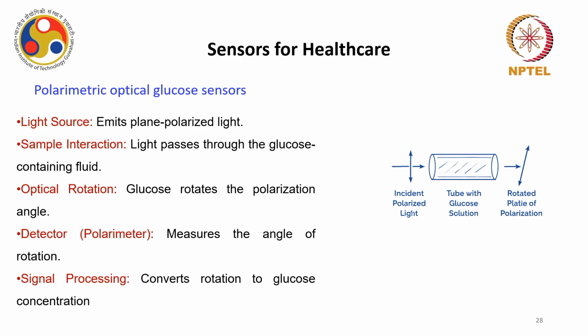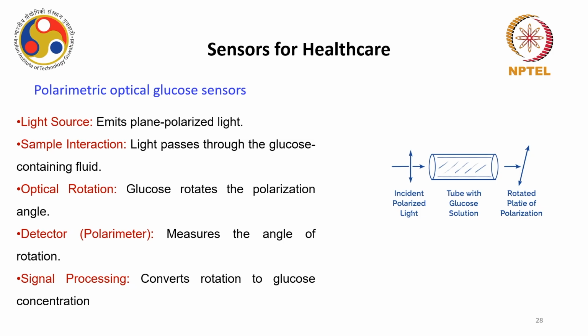You have a light source which emits plane polarized light. Then you have the step of sample interaction, where the light passes through a glucose containing fluid. Then we have optical rotation, where the glucose molecules in this fluid rotate the polarization angle of the plane polarized light emitted by the light source. Then we have polarimeters, which are basically the detectors which measure the angle of rotation.